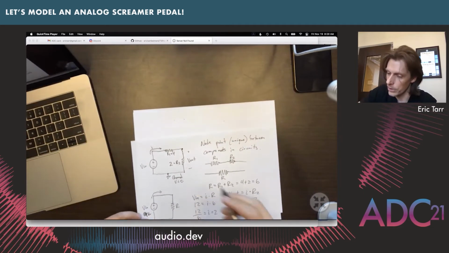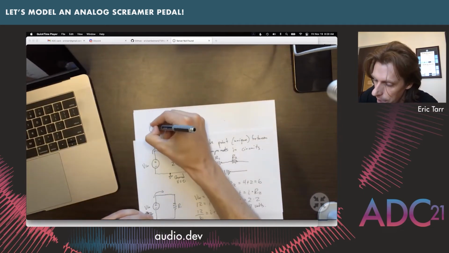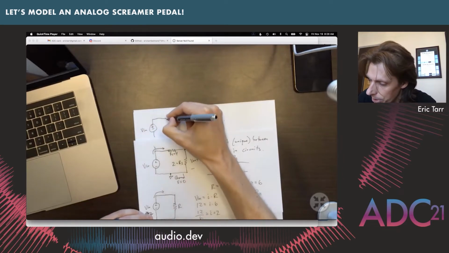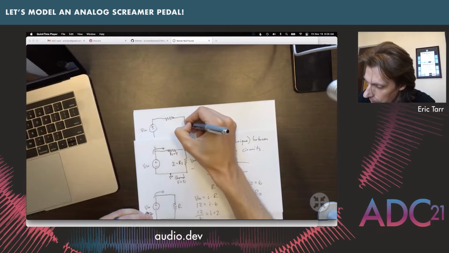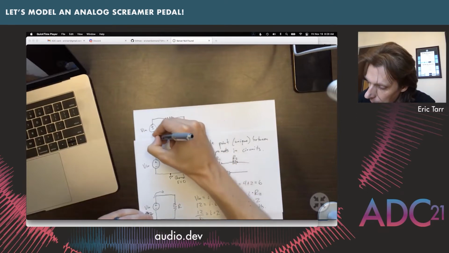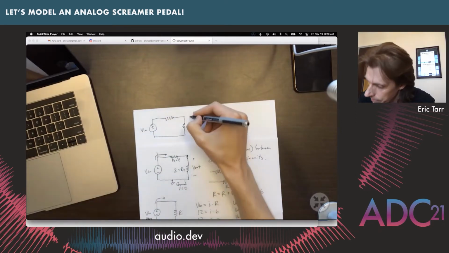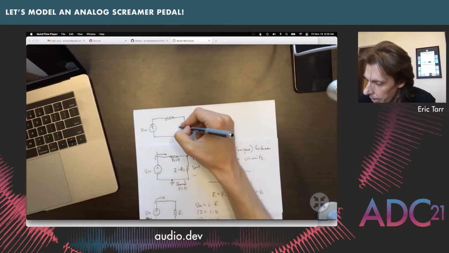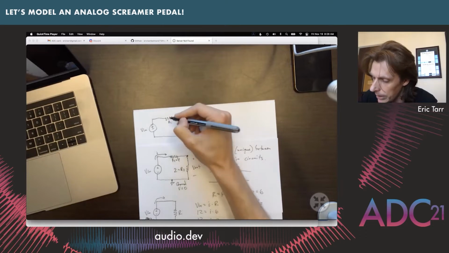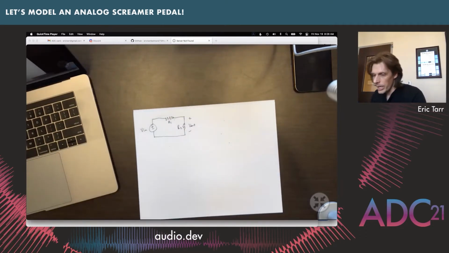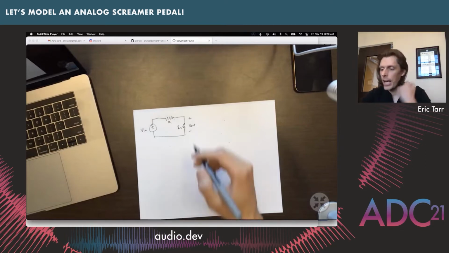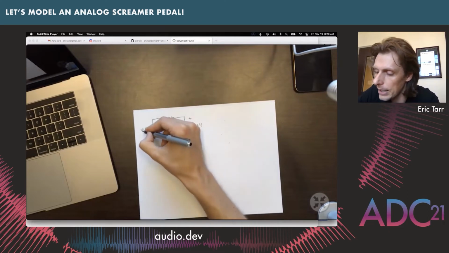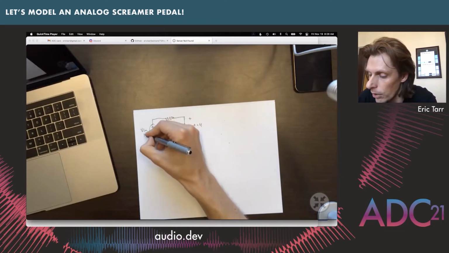Say we have V in like this, going through some resistor, R2, R1. Okay, we've already found that our voltage here at our output is equal to 4, and we had some voltage over here that was equal to 12.